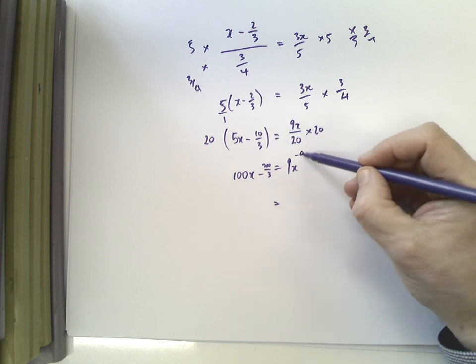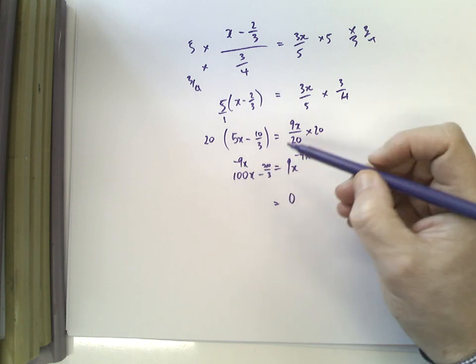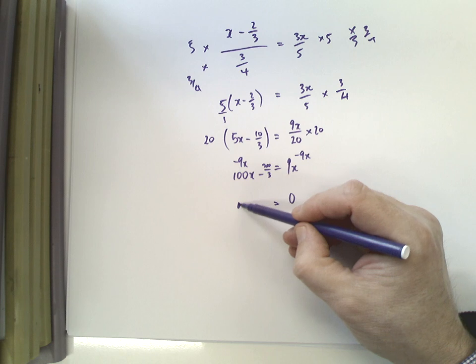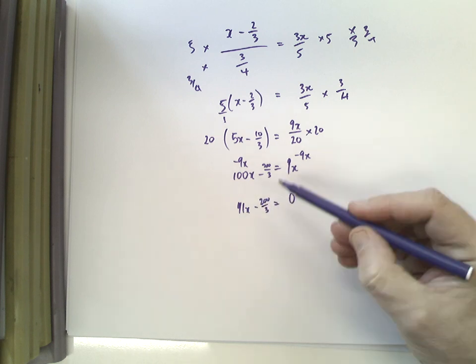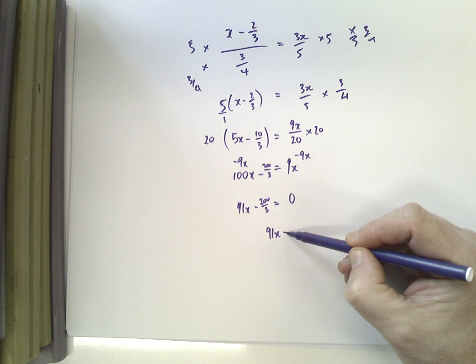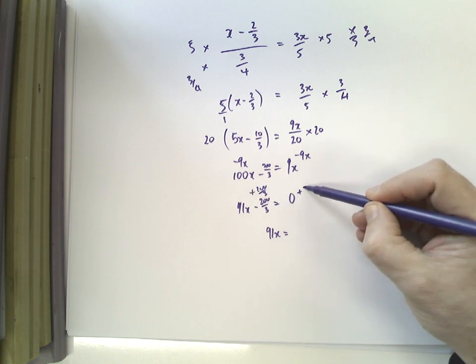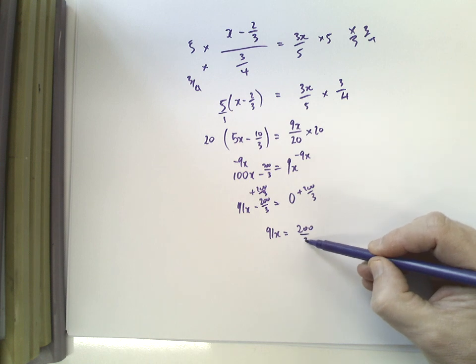So if we have a look at this, we'll take 9x. Now, I don't usually like to do this. And take 9x. And that's going to give me 91x minus 200 over 3. So I'm going to go 91x is equal to, now I'll add 200 over 3 and add 200 over 3 on this side. So that's 200 over 3.